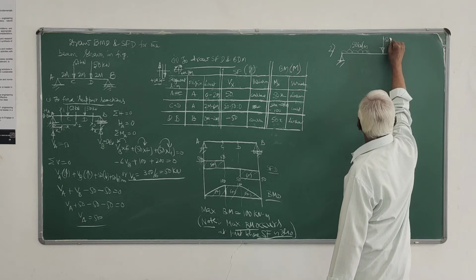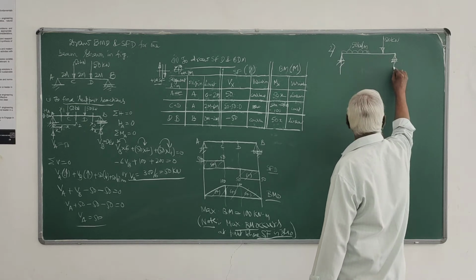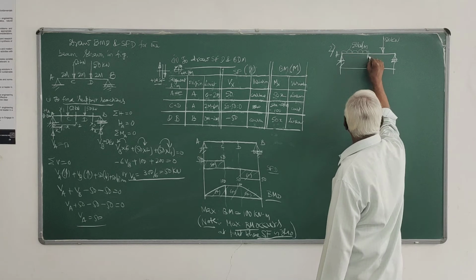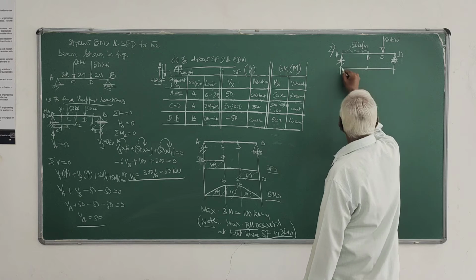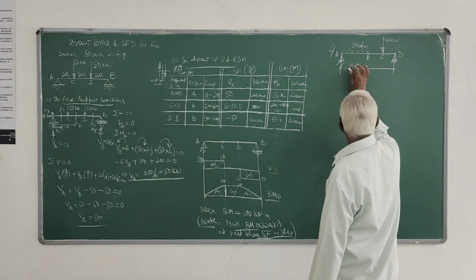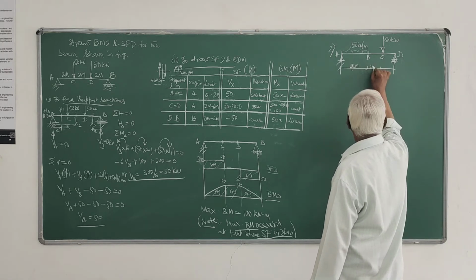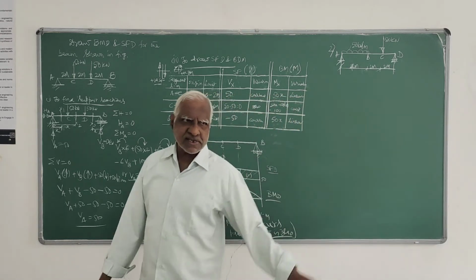This is 80 kilonewtons. Take this point as A, this as B, C, D. This length you can take 3 meters or 4 meters. This 2 meters. This is B.